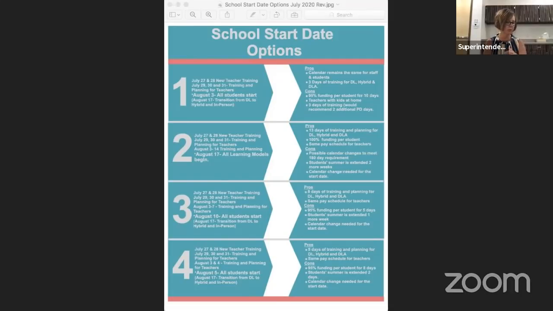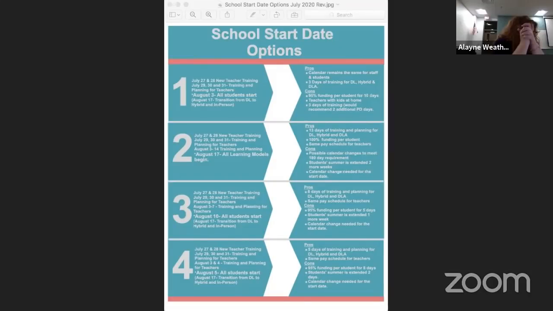So option number one means that we are utilizing our typical start date, which would be August 3rd. We listed some pros and cons for this option. The pros are that the calendar remains the same for staff and students, and we have 3 days of training for all of our different groups.